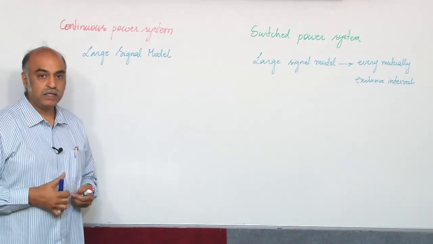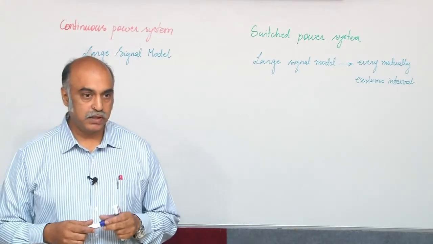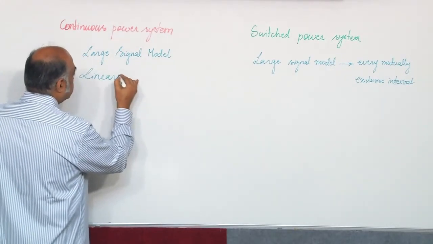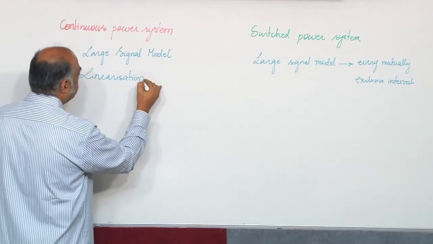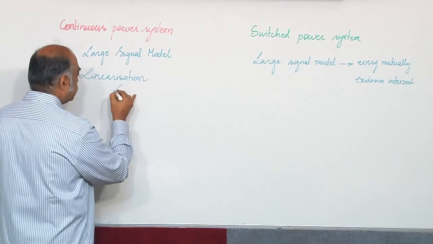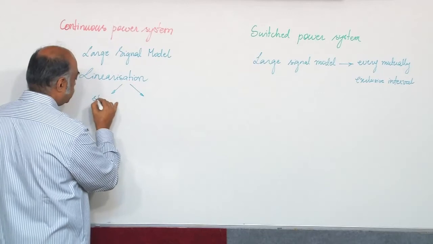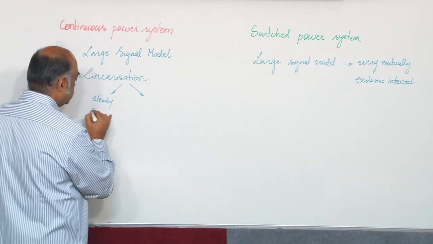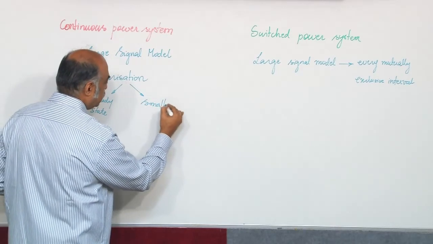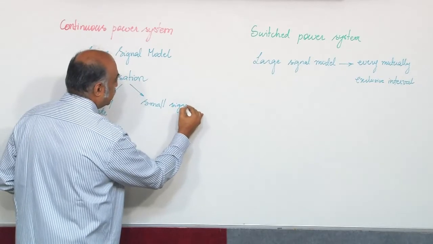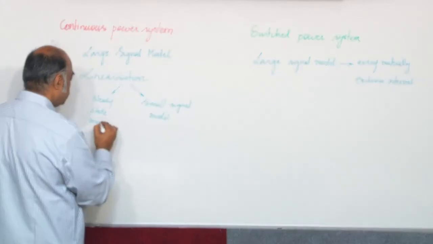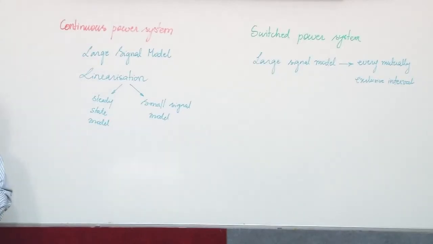But if you are having time varying and nonlinear terms coming into the picture, then you will do the process of linearization, where you will try to extract the steady state and the small signal model from that. Right.